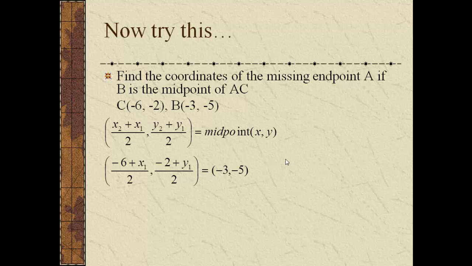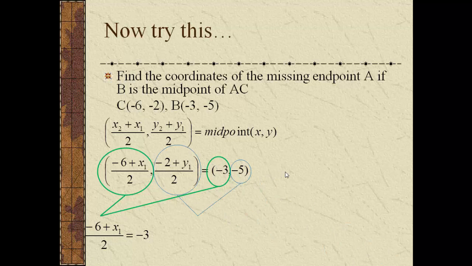Now, how on earth can I solve this to find out what my missing x and y values are? Well, notice when you add your x's together and divide by 2, you get this number. So why don't we set up an equation knowing that? We know that if you do -6 plus x1 and divide by 2, it's going to give you -3. The same thing's going to happen with our y values.